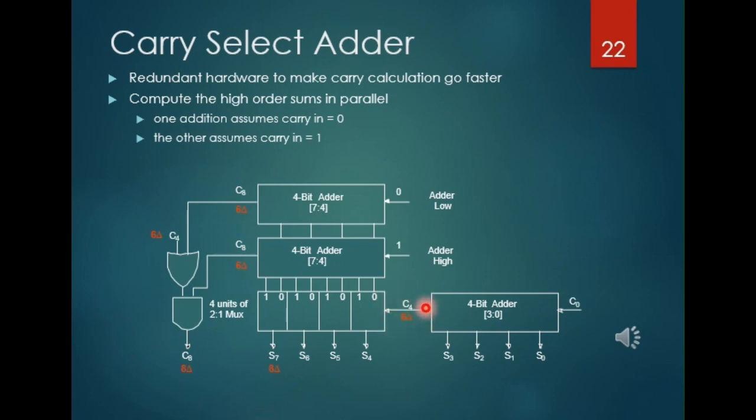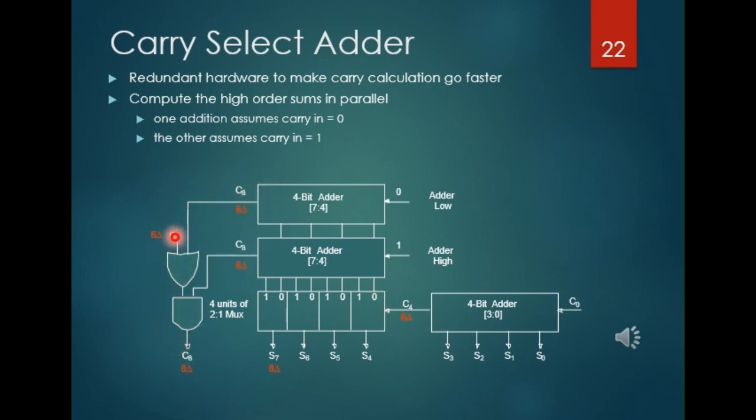Okay, so if this result of C4 from the lower 4-bit says that there is no carry coming from it, then the multiplexer will select the answer that is computed earlier, the S7 down to S4. It will select the S7 down to S4 from the top adder, because the top adder assumes no carry in. Otherwise, it will take the bottom adder's answer. C8 is the final carry out, so it also needs to be selected based on C4.